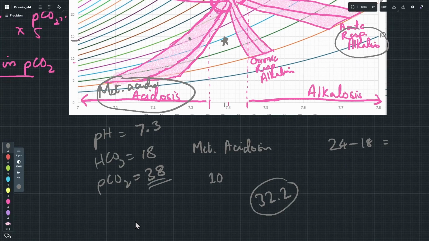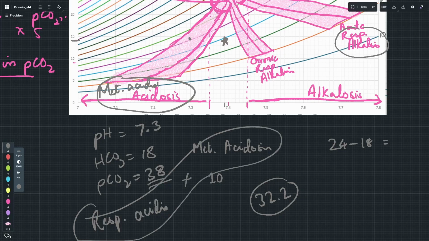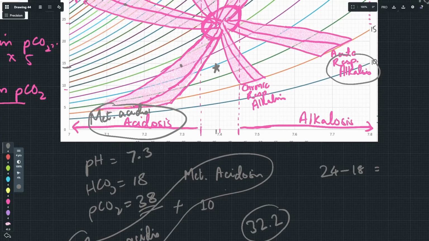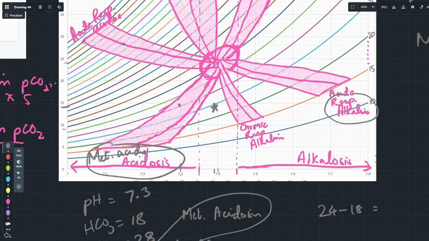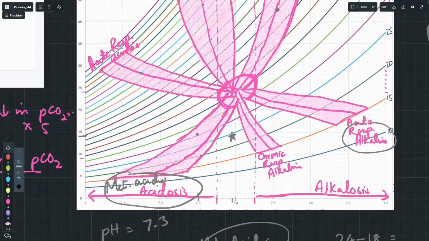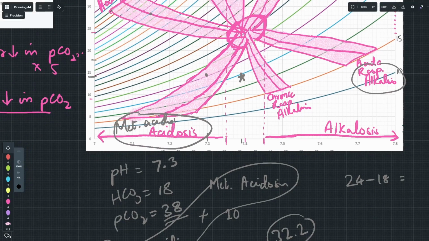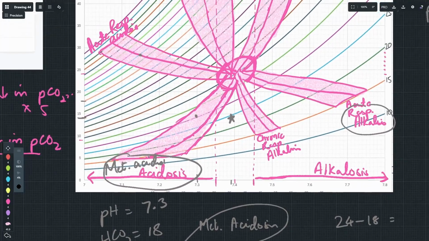It means PCO2 is high. It means something is causing the rise in PCO2, which is the respiratory acidosis. So we have respiratory acidosis plus metabolic acidosis, and we can very cleanly verify it using our beloved Davenport diagram. So 7.3 is here and HCO3 is 18, that would be here, and the third is 38.